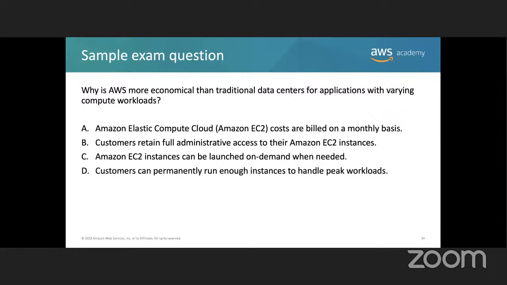C is the answer. So we have the keywords here, more economical than traditional data centers. And then the answer is C. Amazon instances can be launched on demand when needed. So that will be the answer for that.